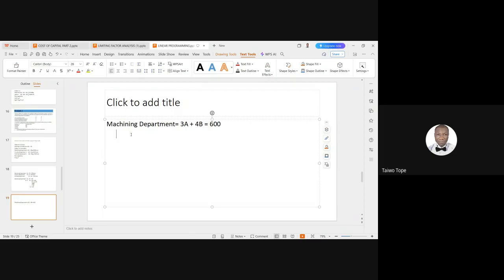So now, when A is equal to 0, what is B?